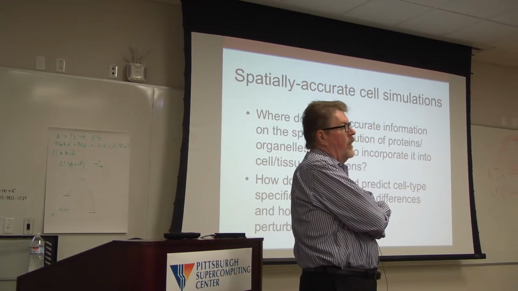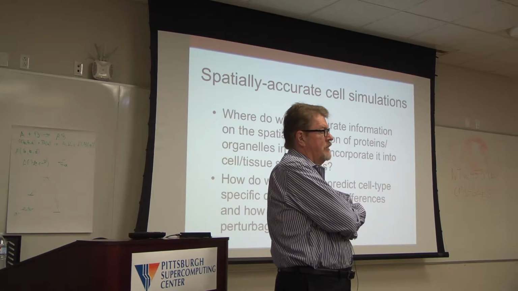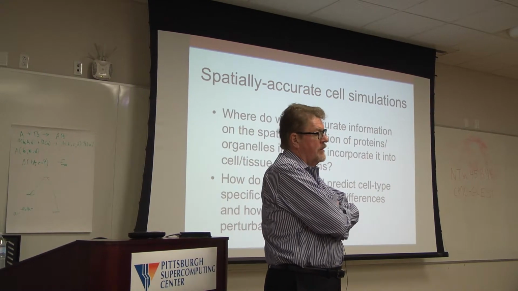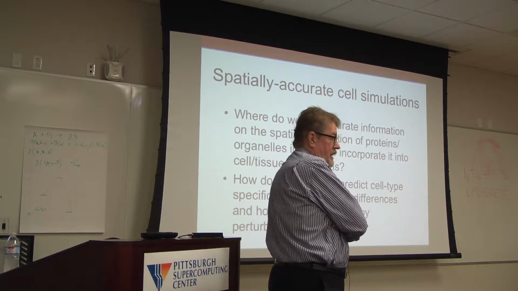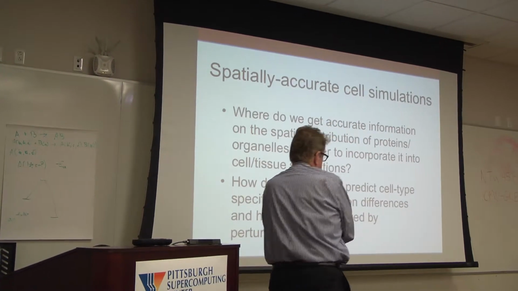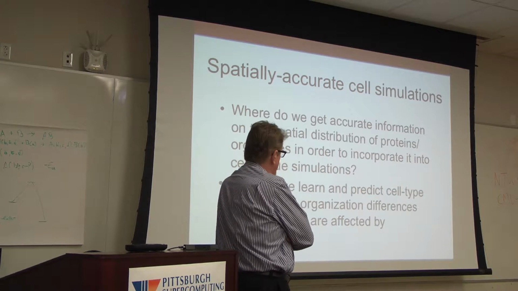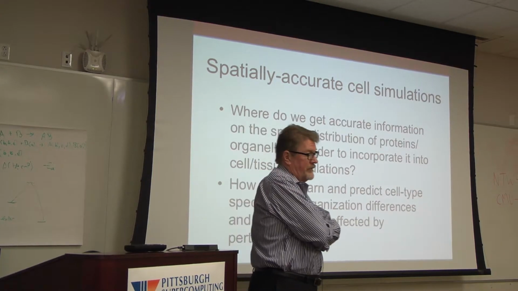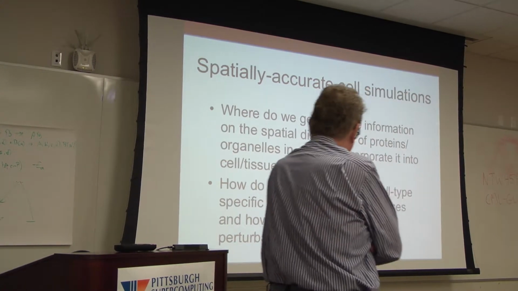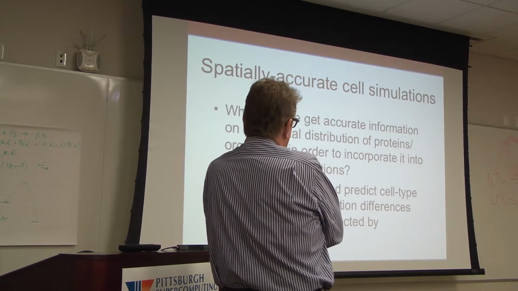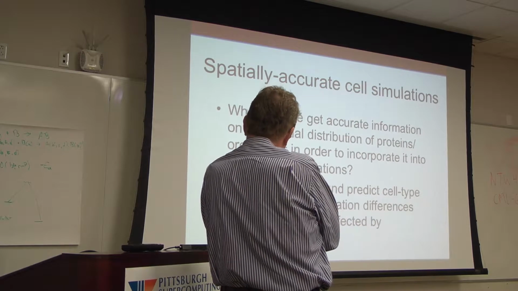If we want to do cell simulations, then we clearly need to have spatially and spatiotemporally realistic geometries of cells that reflect where all the components of the cells are, organelles, proteins, other macromolecules, in order to do those simulations.